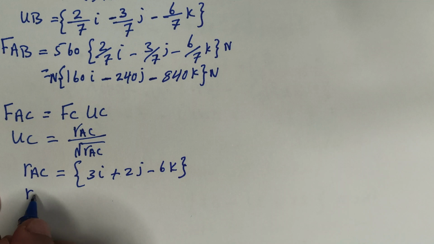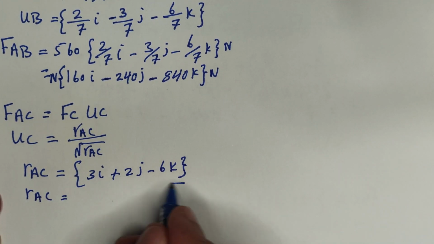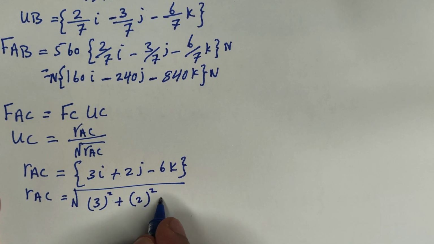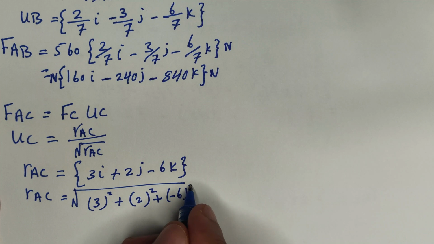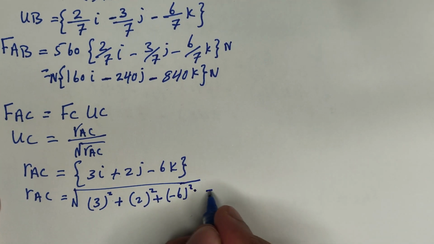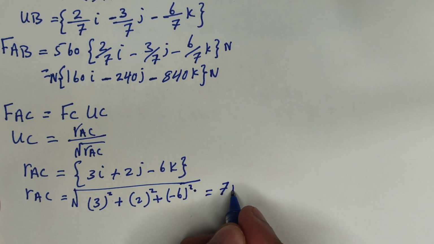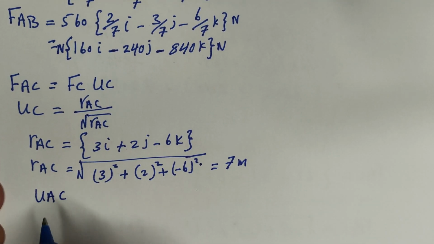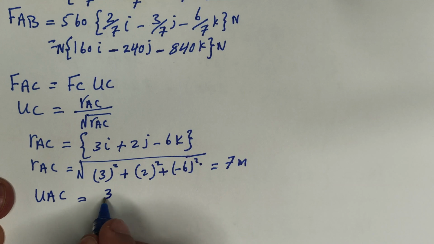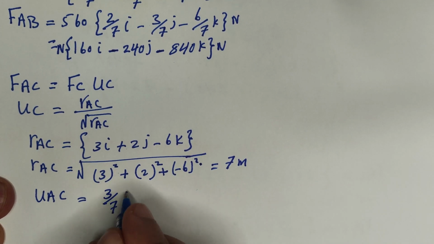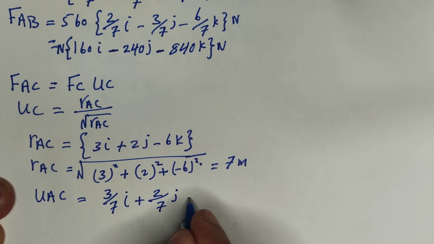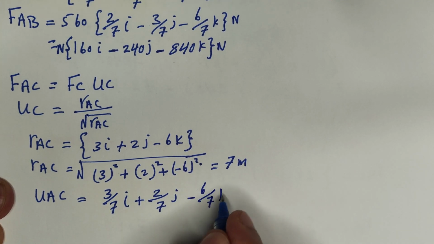Now finding the magnitude of RAC, equal to the square root of these coordinates. All of that should result in, again, 7 meters. Now the unit vector C is 3 over 7 i plus 2 over 7 j minus 6 over 7 k.